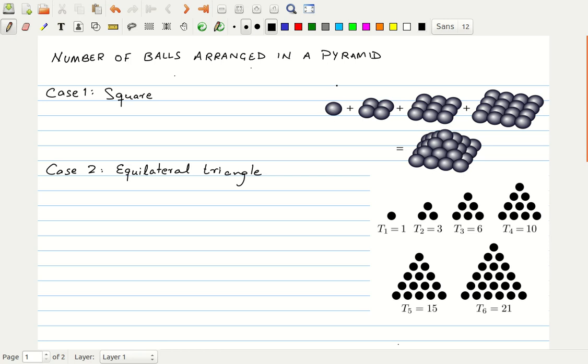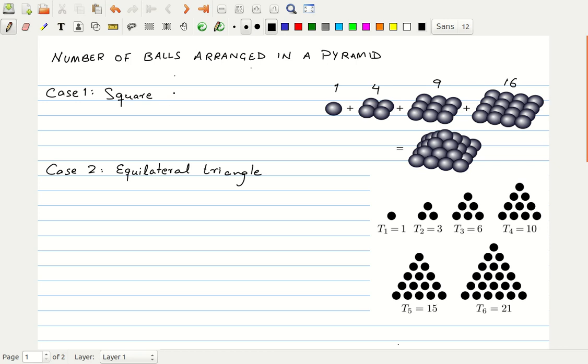It is 1 plus 4 plus 9 plus 16, and we can see where this is going. This is simply the sum of the squares of natural numbers, for which we already know how to find the sum.